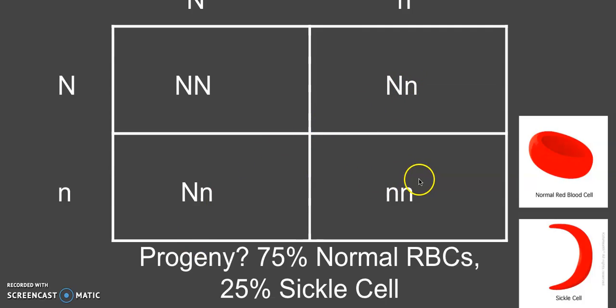And this person is going to have sickle cell. So we have 75% with normal red blood cells and 25% that have sickle cell themselves. And then 50% of the offspring will be carriers. So meaning that they have normal red blood cells, but they still carry the sickle cell allele.